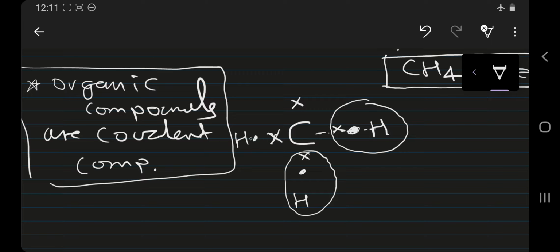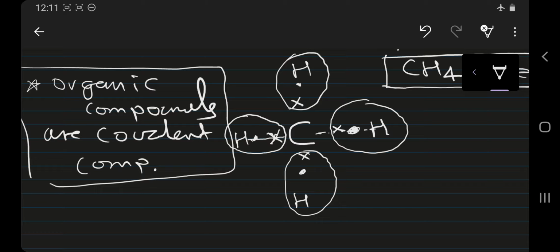Hydrogen gives 1 electron here, so every single bond carries 2 electrons. Hydrogen is getting benefited by completing its duplet of electrons. This hydrogen is also getting benefited by the duplet of electrons.